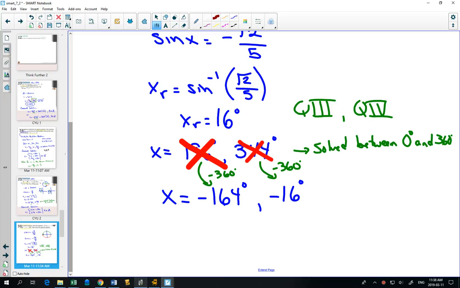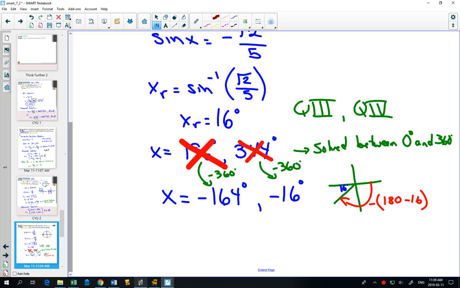I personally still like to use my reference angles even with negative angles. So if I draw a picture here, a picture in quadrant 3 of my angle and label my reference angle here as 16 degrees, I would figure this angle out instead this way. I would say, oh, this is like 180 minus 16, and then I'll just put a negative sign in front of whatever that answer would be.